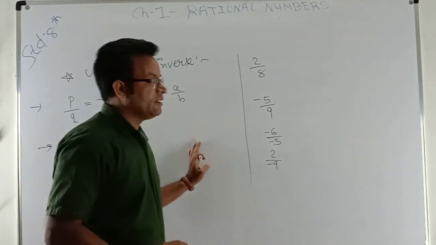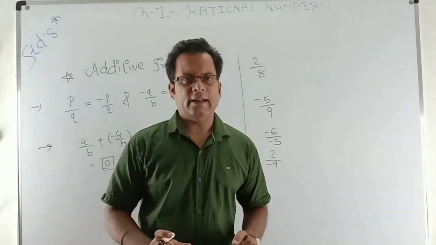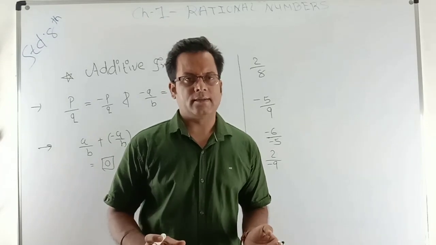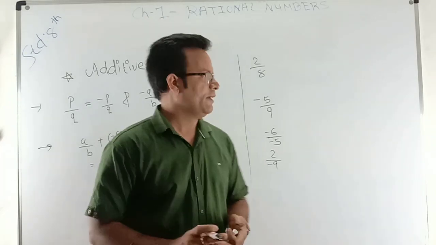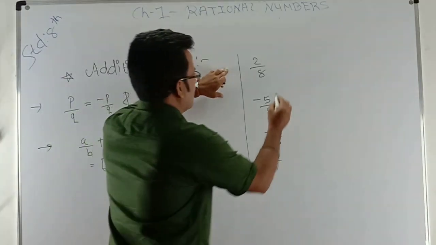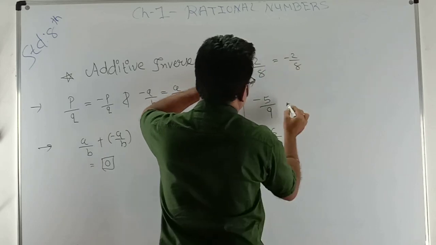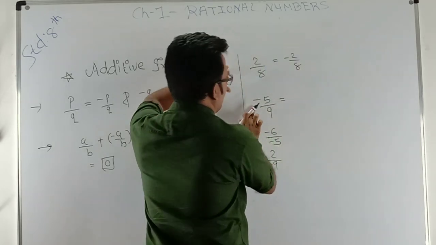Right? So this is additive inverse. In this, after getting the answer, if you add, then it will be 0 only. Now see, here 2 upon 8 is given. So what will be the answer? Minus 2 upon 8.